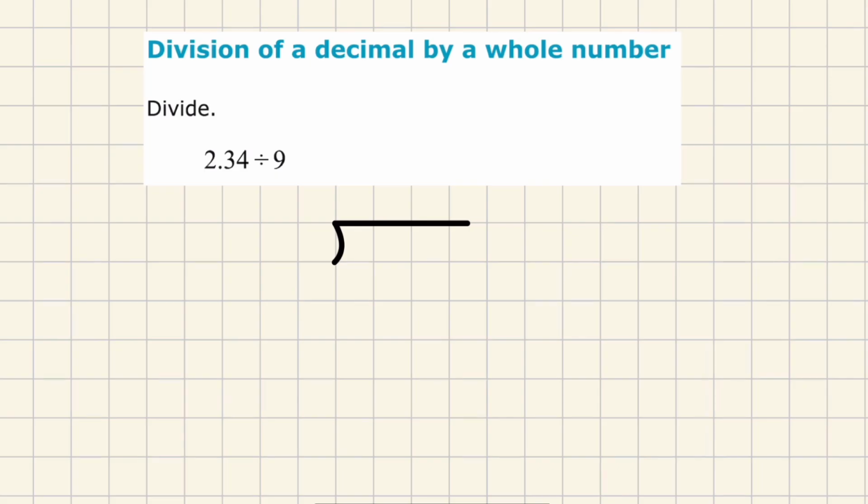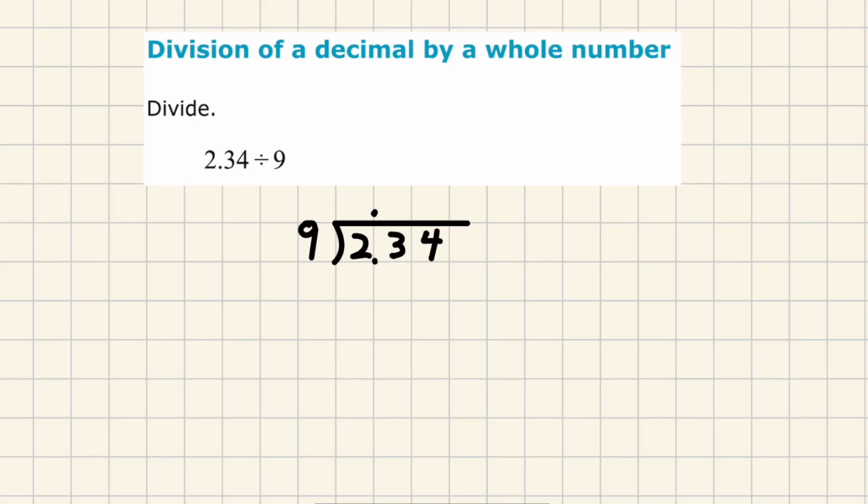And to do this without a calculator, we'll set up long division and recall that the order is sort of the opposite, where the second number, here 9, is the number outside, and then underneath the long division sign is the first number, 2.34. And since the number that we are dividing by here, 9, is a whole number, our decimal will just move straight up. And from here, we just have regular long division.